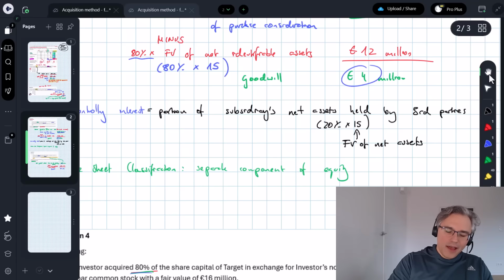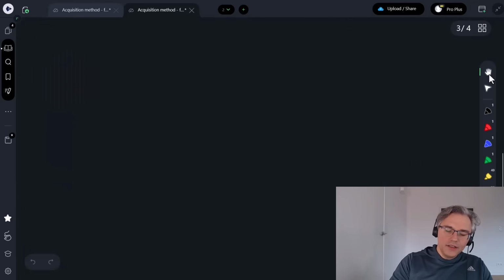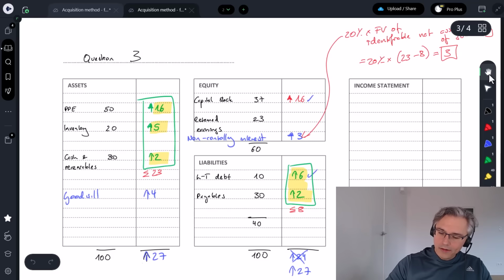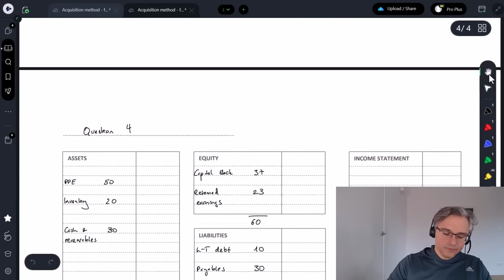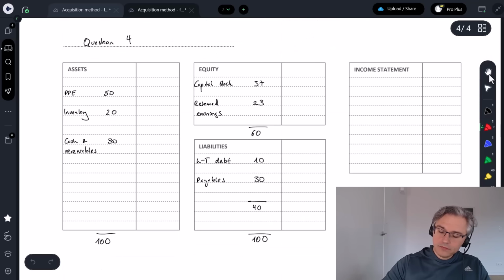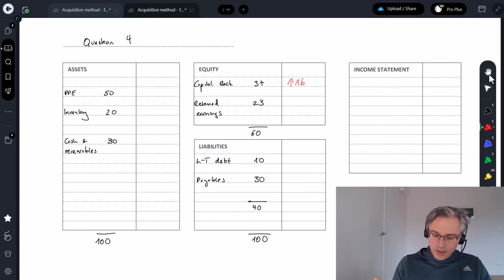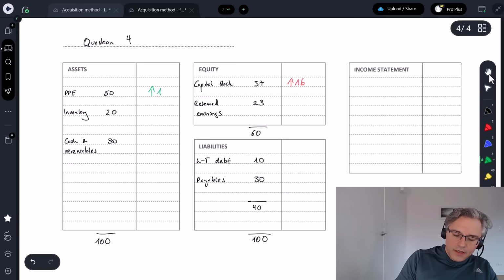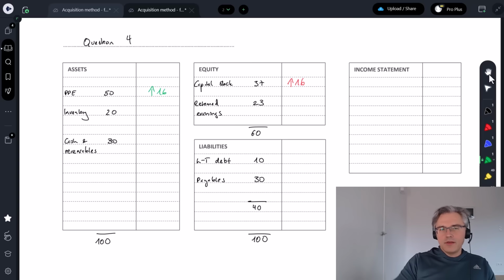Okay, so how does this change the accounting? Well, let's have a look. Question 4. We still issue fresh capital, fresh shares worth 16, so that's what goes up, and we still consolidate the assets of the subsidiary, so we bring them on to our consolidated balance sheet.